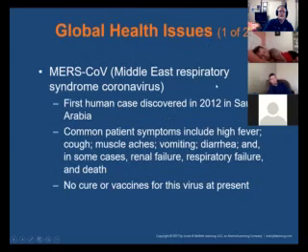Middle East respiratory syndrome coronavirus, it should sound familiar. It was just a different strain of coronavirus that back in around 2011, 2012, 2013 is when we first heard of it.